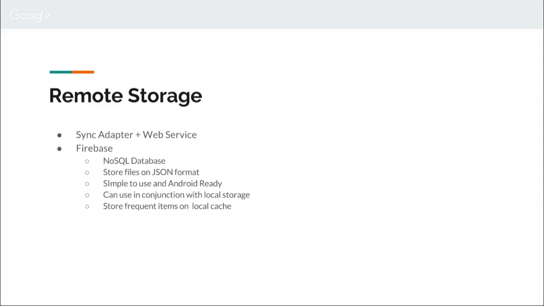You can use that together with local storage. Like, you can store your data locally. Maybe there's the user information that you're using a lot, or you're caching some images to avoid downloading them. Of course, some image libraries already do this for you, but you can store your data locally and remote.